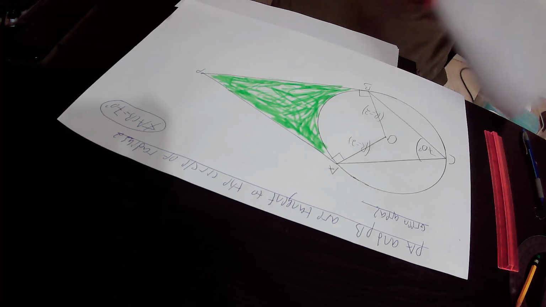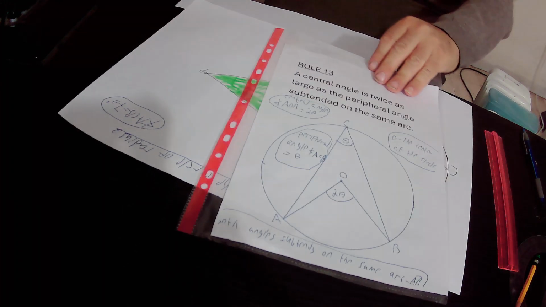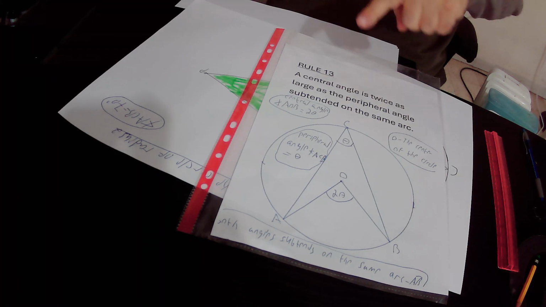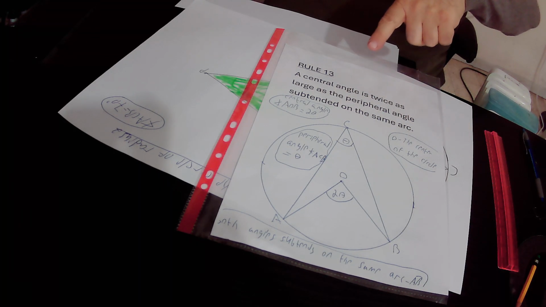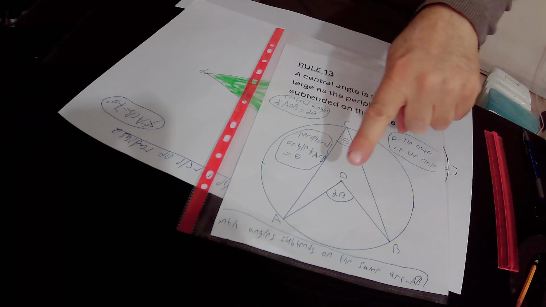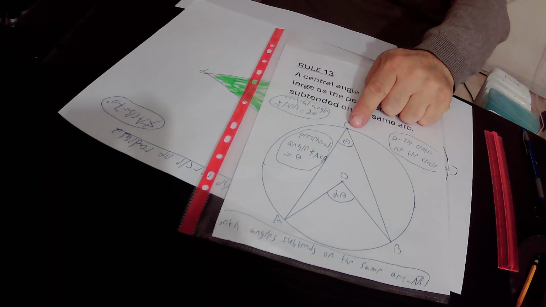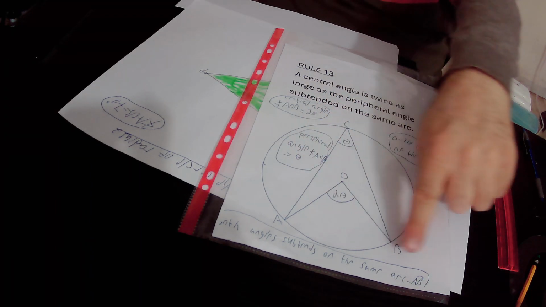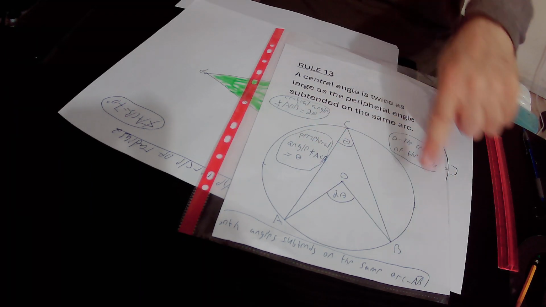Let me repeat rule 13: a central angle is twice as large as the peripheral angle subtended on the same arc. So in the drawing we have a circle. Inside this circle we have the peripheral angle ACB. Peripheral angle ACB is equal to theta in its size and is subtended on arc AKB.